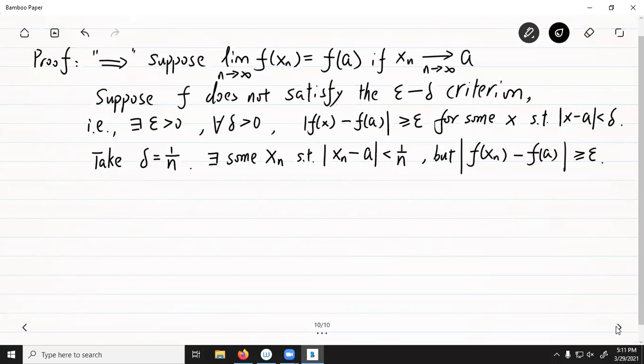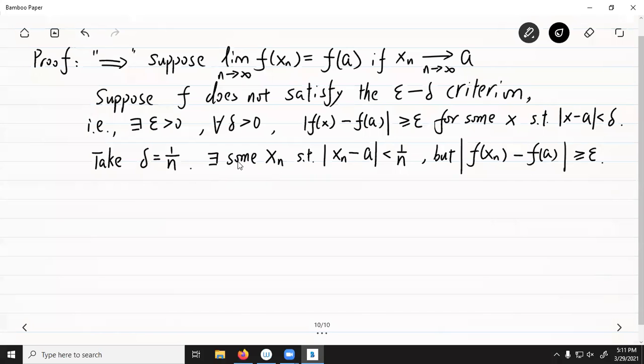Since delta is arbitrary, we take some specific number, 1 over n. So for 1 over n, there must exist some x in this interval. We denote this x by xn.